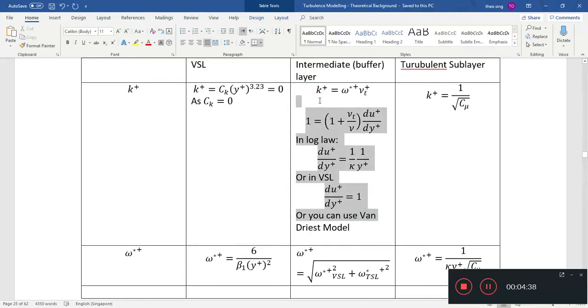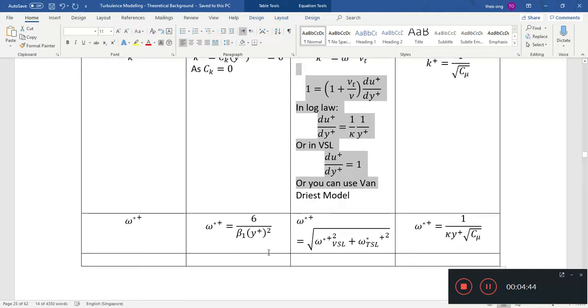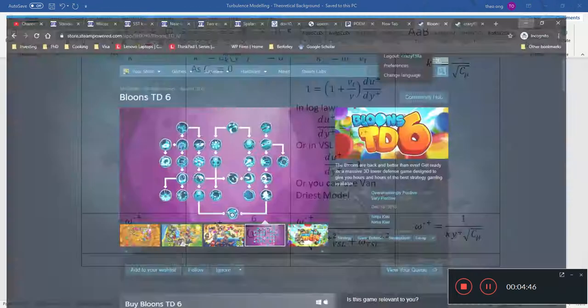I'm not going to combine this into one neat equation, but why are we doing all this?